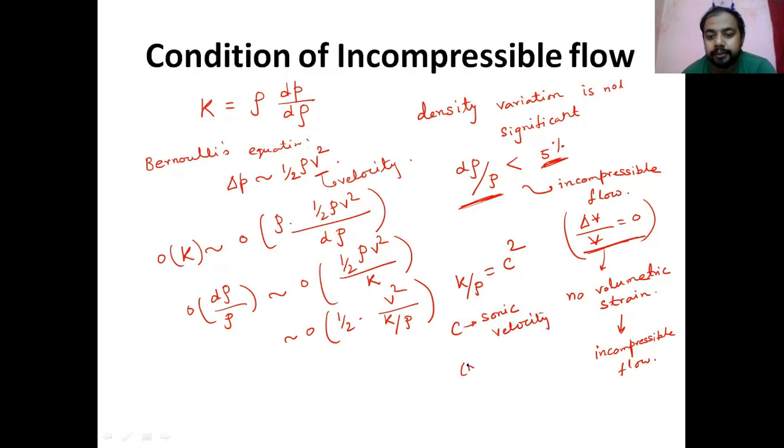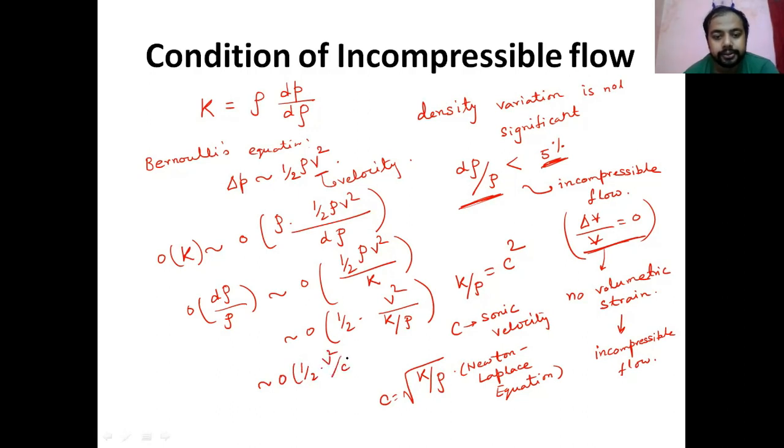This concept is coming from the Newton-Laplace equation. From the Newton-Laplace equation, we are getting C equal to root of K by rho. So it is nothing but half into V square by C square.